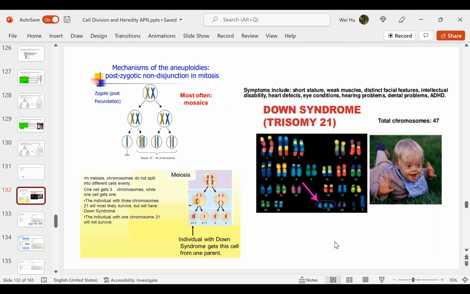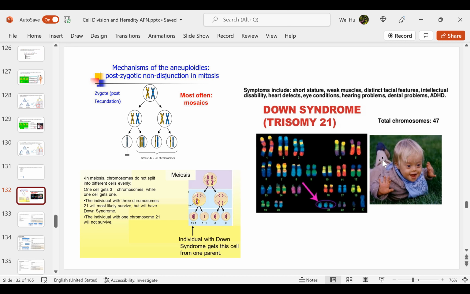Another common disease is Down syndrome. I'm pretty sure everyone sees these children on the street or somewhere. Because there are quite a lot, we have a Down syndrome association, since this is really a problem.